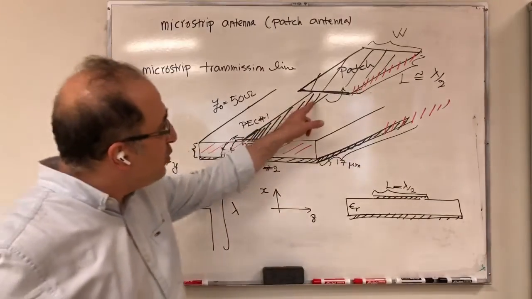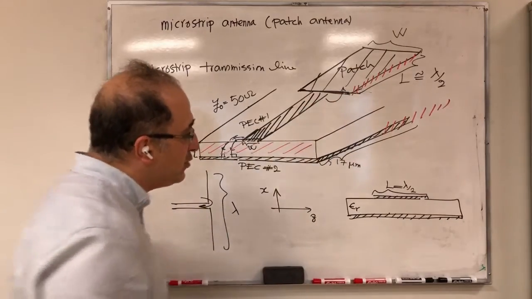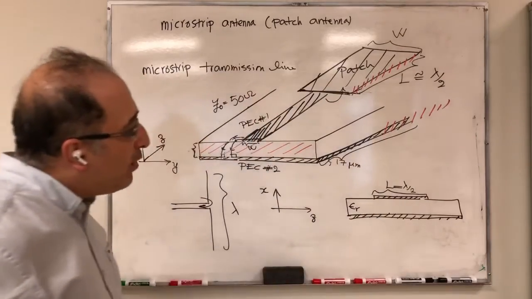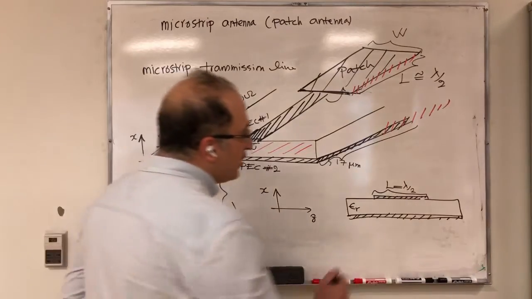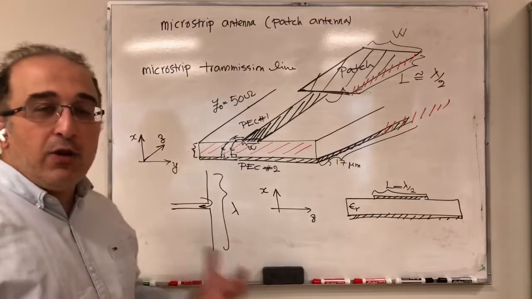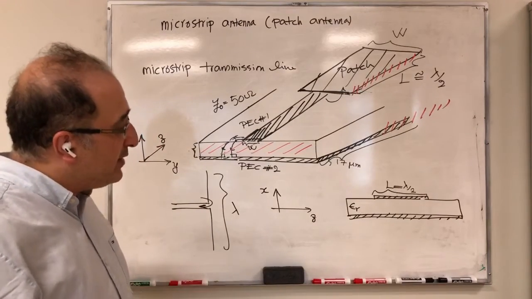We need to make sure that we can give the energy to the system. But let's assume we give the energy to the system. Then the energy comes to the patch. And now what's going to happen? You have two conductors, one on the top, one on the bottom, and you now have current in the system.